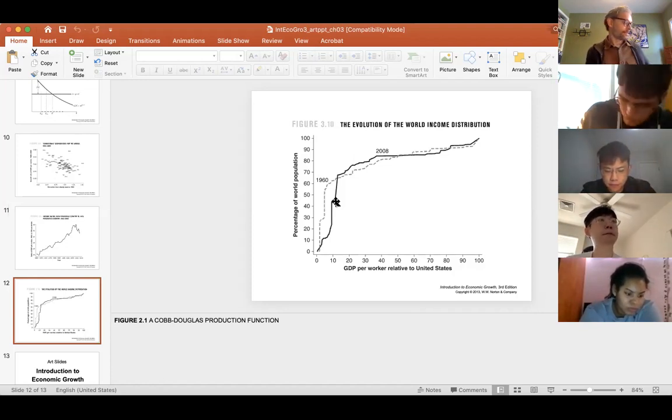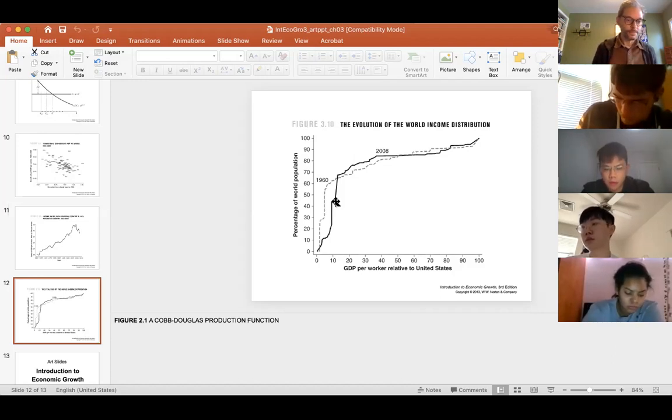So that's convergence. Before we take a break, let's talk a little bit about this Easterly reading that I had you read, all right? So changing gears here.